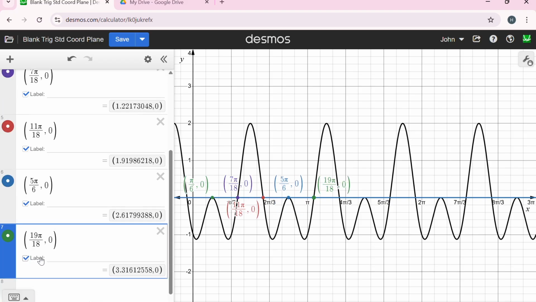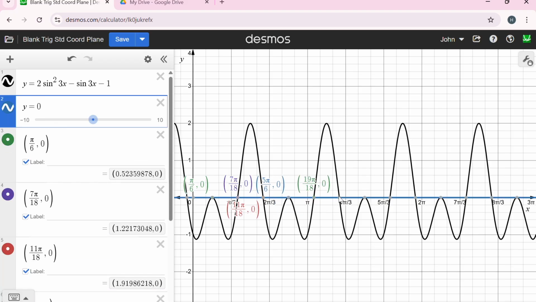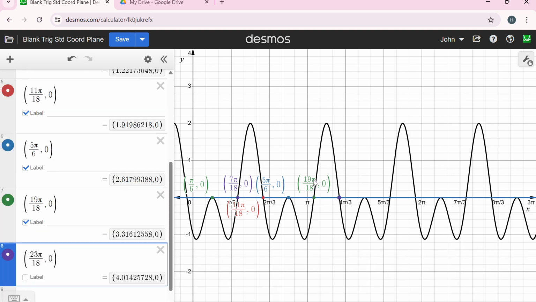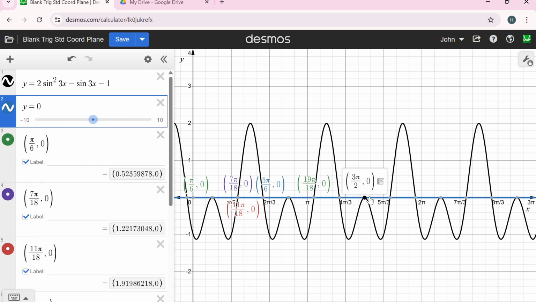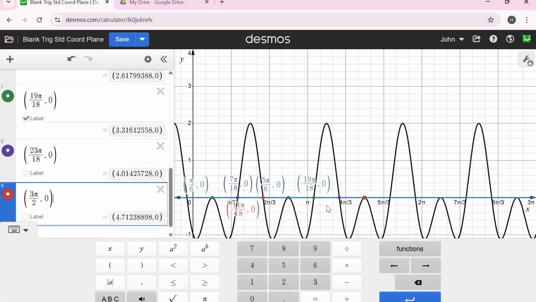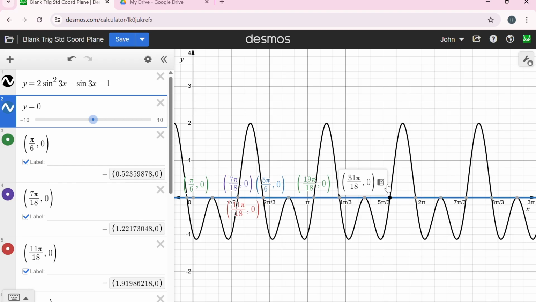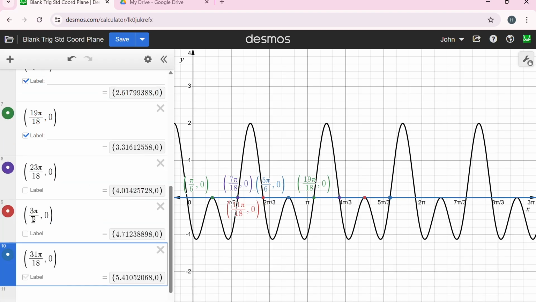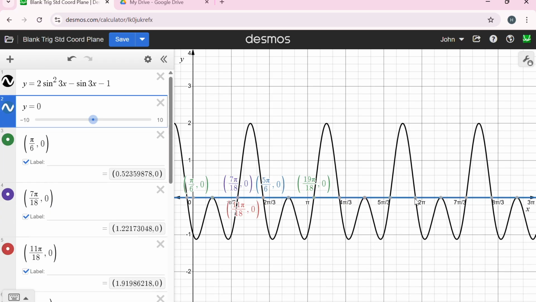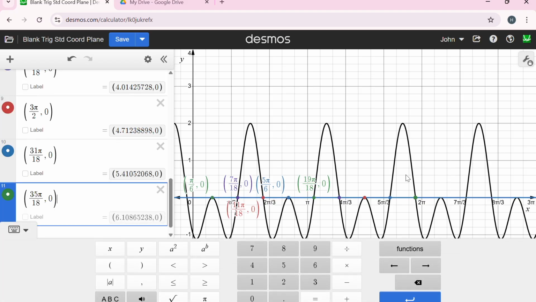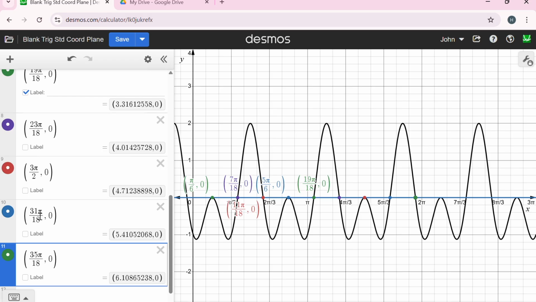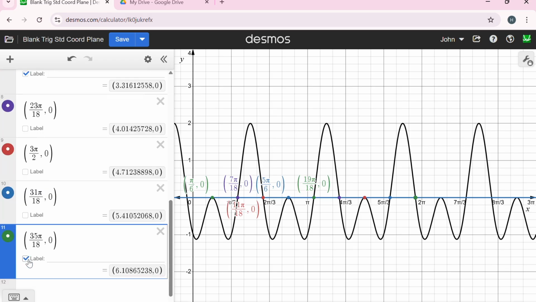Sorry about that. Okay, next one, 23 pi over 18. 3 pi over 2. 31 pi over 18. And just before the 2 pi limit there, 35 pi over 18. So let's label all these and then let's take a look.